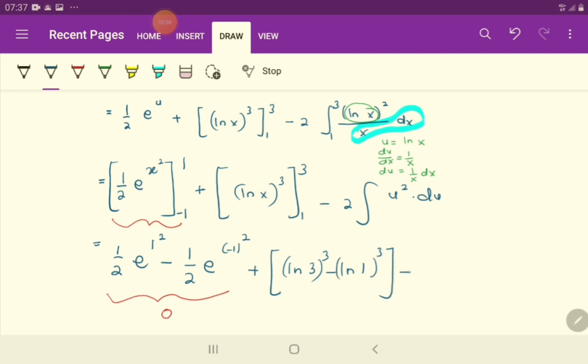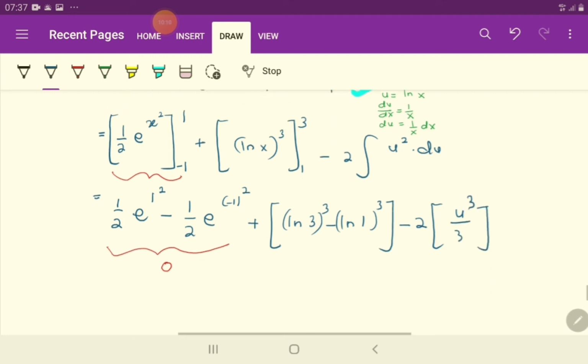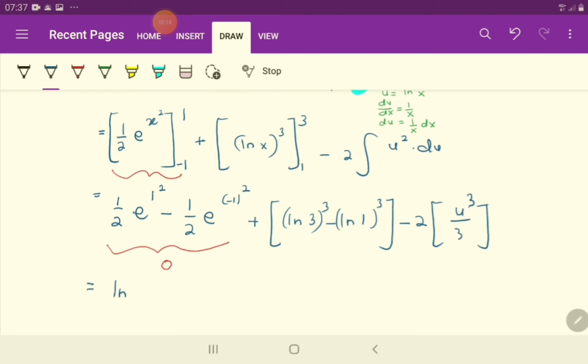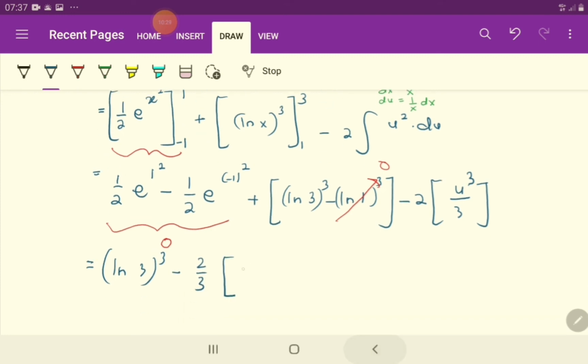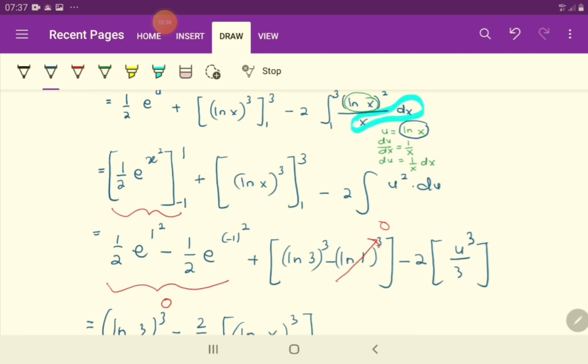And this one will be 2u cubed over 3, so I write ln 3 to the power 3, minus ln 1 cubed, which is 0 because ln 1 equals 0, and minus 2 over 3. Resubstitute my u, which is ln x to the power 3, and my limit is from 1 to 3.